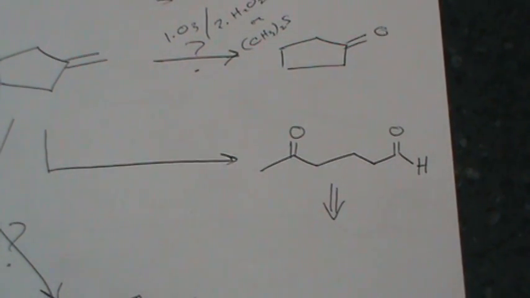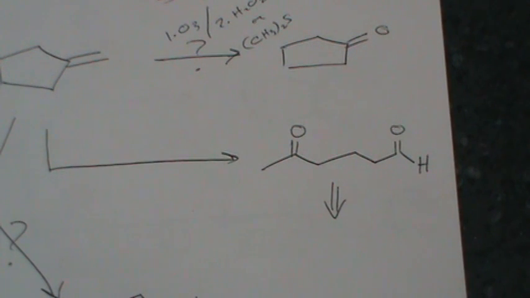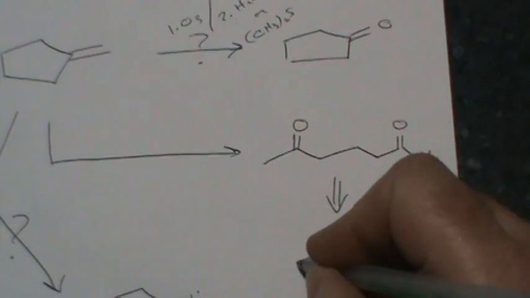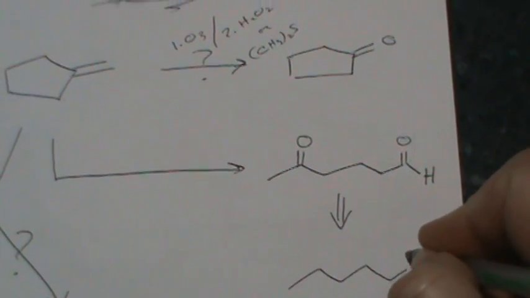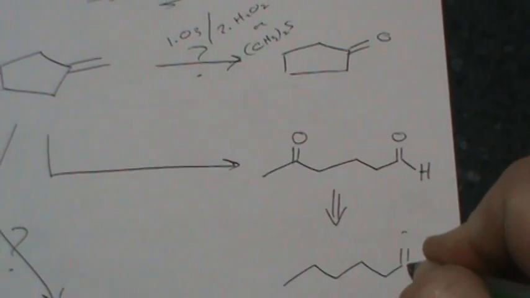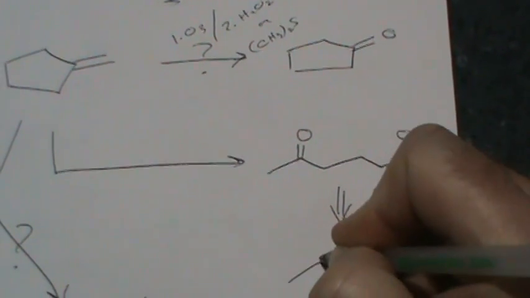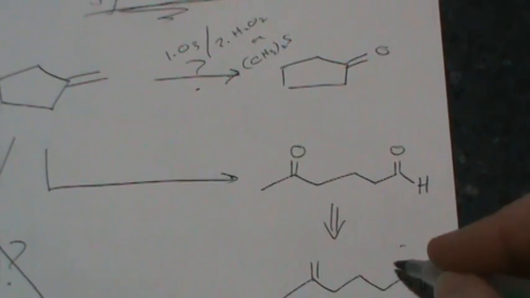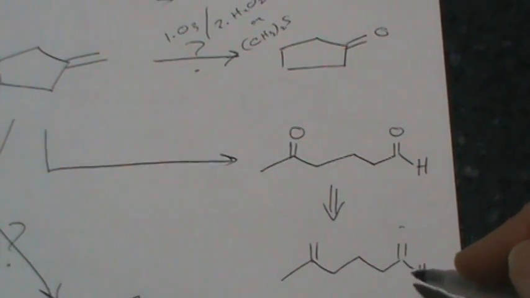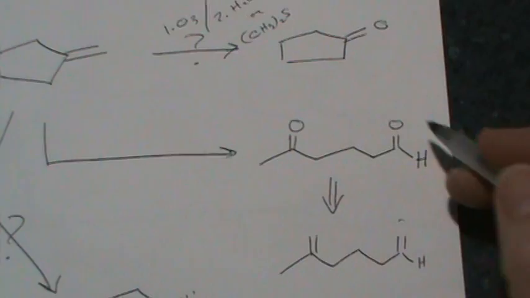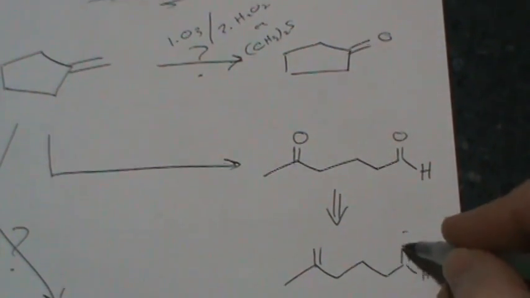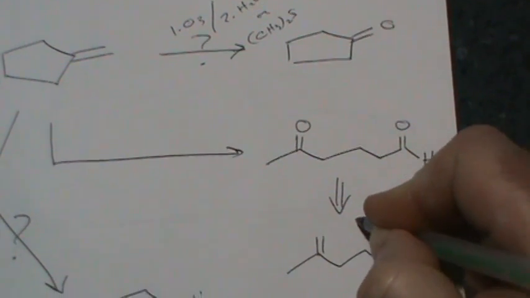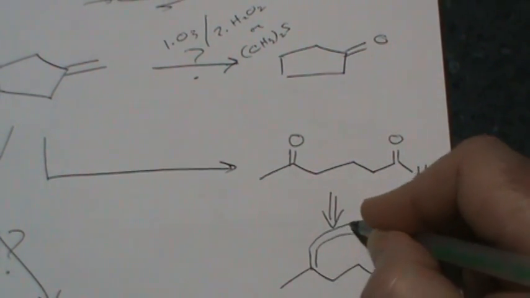But the question is, what sort of alkene would have produced something like this? Well, think carefully about what the ozonolysis reaction does. The ozonolysis takes an alkene and karate chops it in half, and where there used to be a carbon-carbon double bond, there's now a couple of carbon-oxygen double bonds. So think carefully if these were carbon-carbon double bonds bound to each other. This is kind of a crazy drawing, I admit.